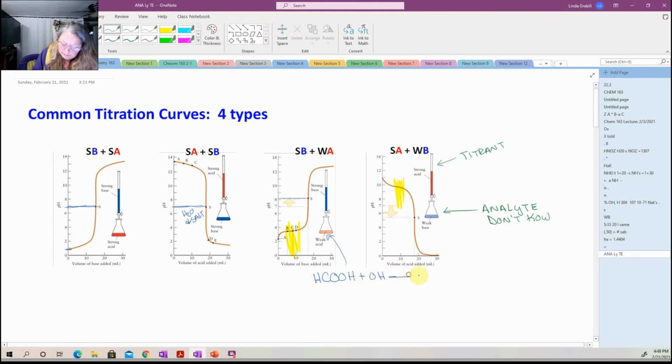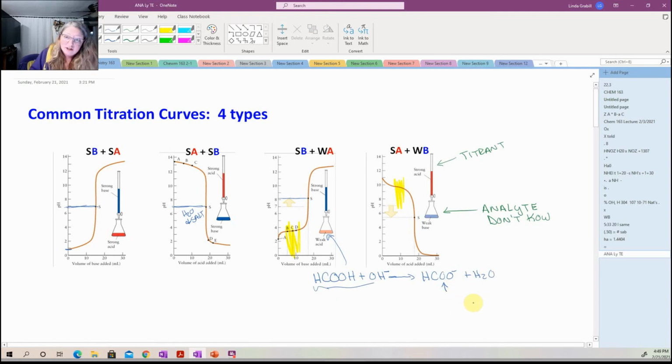Well, don't forget it's going to be a one-way arrow because I'm going to use all of my strong base. Oops, I forgot my minus. And I'm going to end up with my HCOO minus, so my weak base plus water. This is going to have the pH higher. So after I've used all of that, I still have my weak base in there, so my pH is higher.